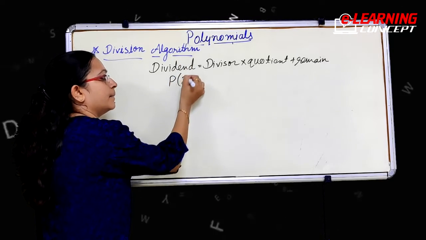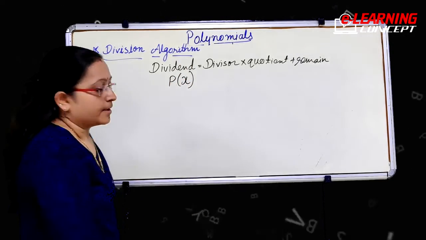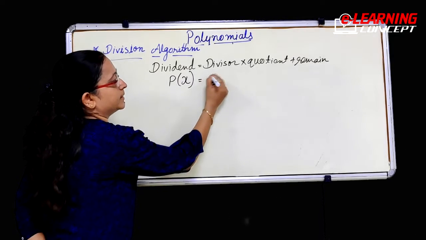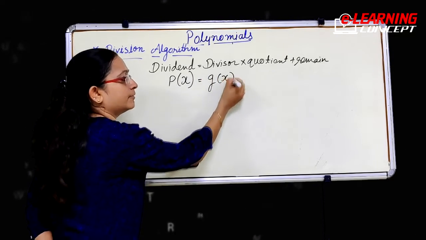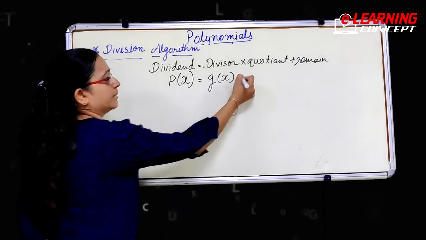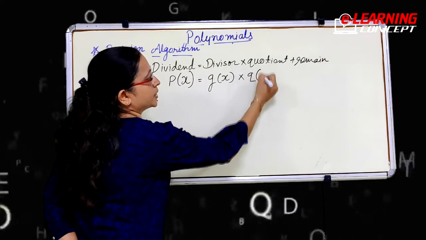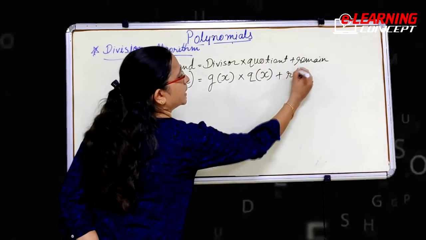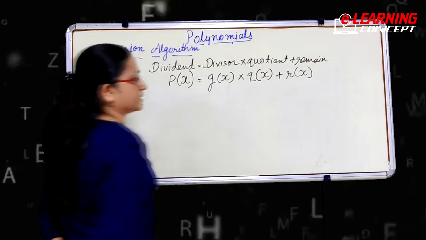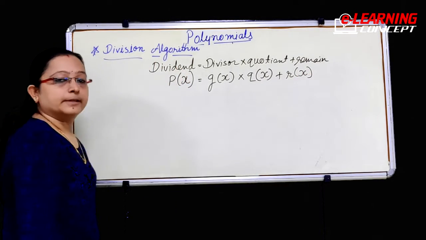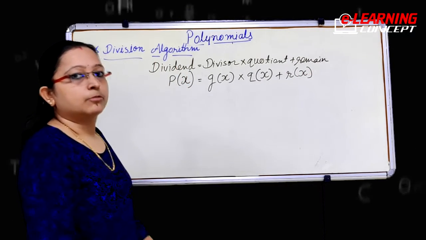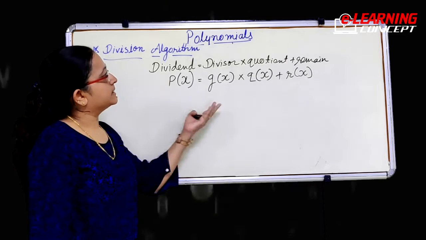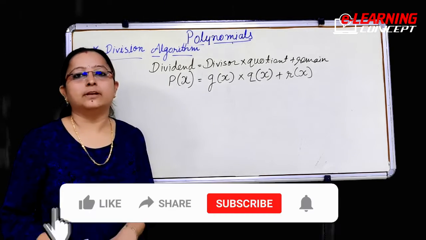Dividend means p of x is divided by the divisor g of x, and at that time we get the quotient q of x plus remainder r of x. So this is the division algorithm, and now we'll see how we utilize it in solving a few sums.